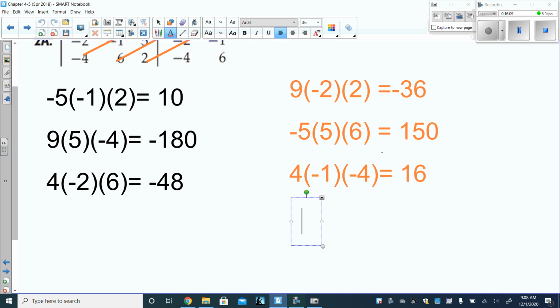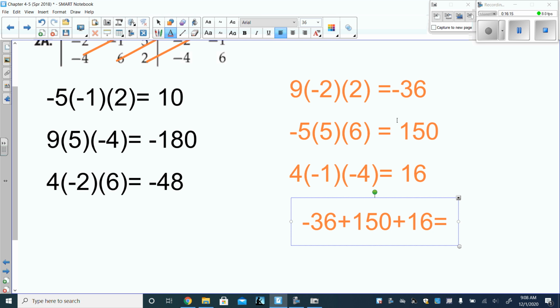So for these three right here, we would add these together. So we would do -36 plus 150 plus 16. And if we add these together, we will get 130. And then we can do the same for these three over here.